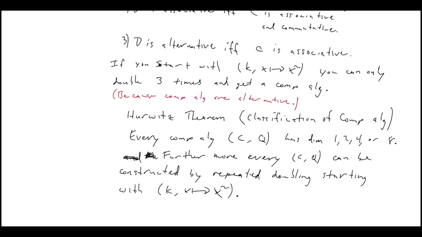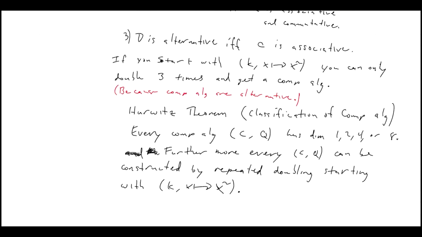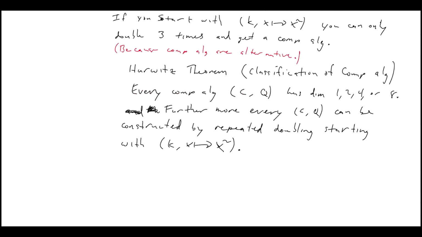All right, let me just say a word on the proof. I don't want to actually prove it, but at least one comment is in order. The basic idea is that you can show that any sub-composition algebra is contained in its double.